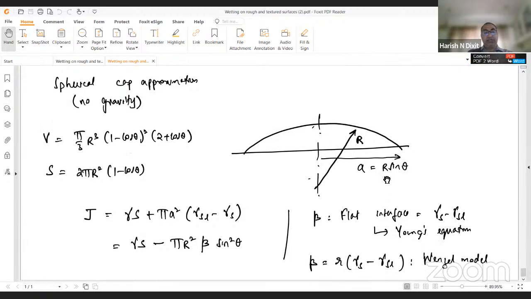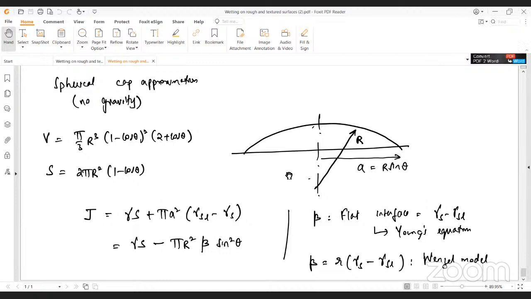And now you can write down the expression for the volume and the surface area. Note that this is the volume only of the spherical cap, not the entire droplet. And the surface area is only for the upper surface. This is the surface area of the liquid-gas interface.